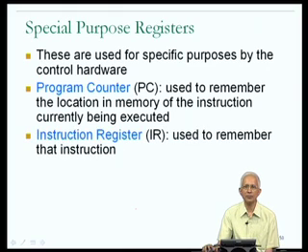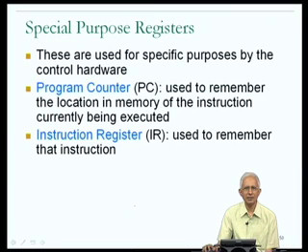There's another special purpose register called the instruction register, or IR, in the CPU, and this is used to remember the instruction that is currently being executed. So you think of the instruction register as a small amount of storage inside the CPU, which at any given point in time contains or remembers the instruction which the CPU is currently executing.